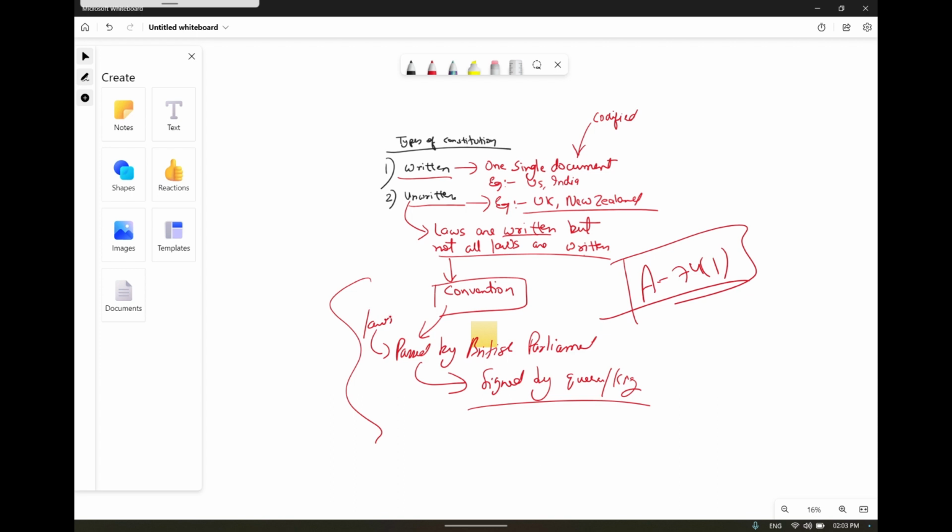One more example: currently Charles III is the king, though I'm giving the example from the perspective of the Queen.